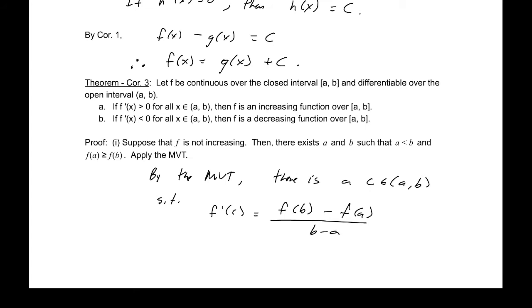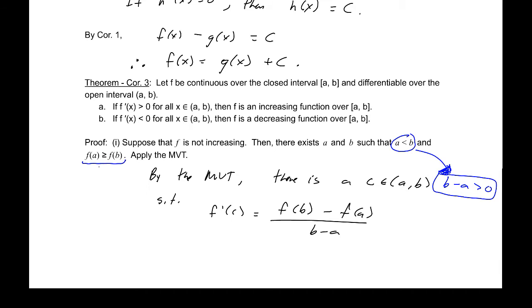Now, taking our assumptions here, a being less than b means that b minus a is greater than 0.